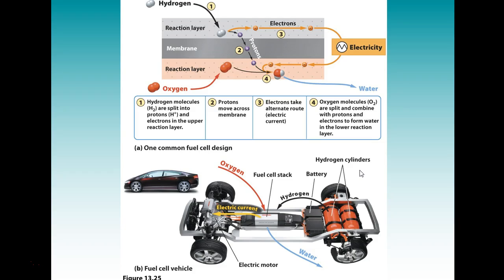The protons basically cross a membrane, and the electrons themselves are attracted to them. So the electrons that are split off of that hydrogen run through a system that collects them, which is our electricity, and your end result is, in the presence of oxygen, which is readily available in the air, the formation of water.